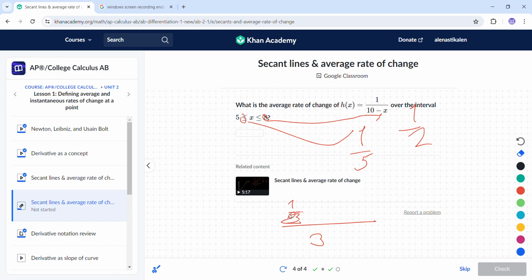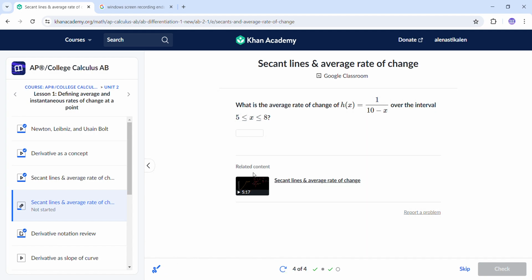Let's see. So yeah, 1 over 2 minus 1 over 5, right? So this is 5. This is 2. Right, so 3 over 10 multiplied by 3. So this is just 1 over 10. Or 0.1. Yeah, 0.1.